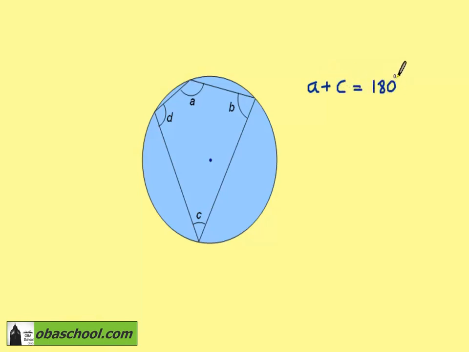So A plus C is 180, and also B plus D is equal to 180. If we use this fact in a question, we state that the reason is that we have a cyclic quadrilateral. A quadrilateral is only cyclic if all four of the vertices are on the circumference.